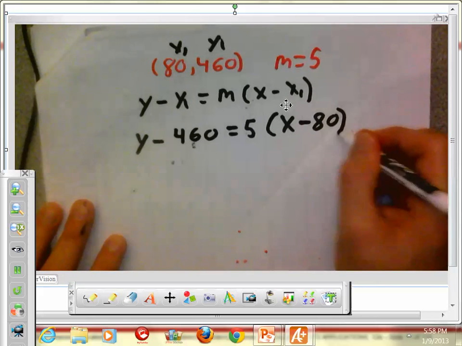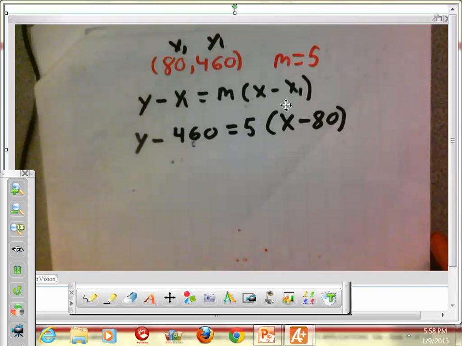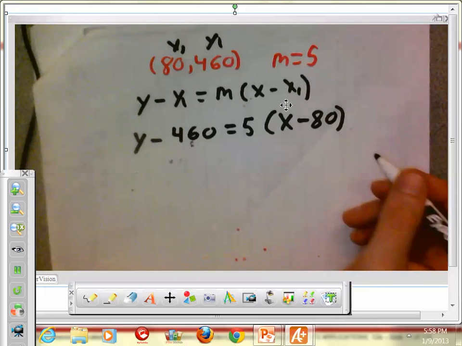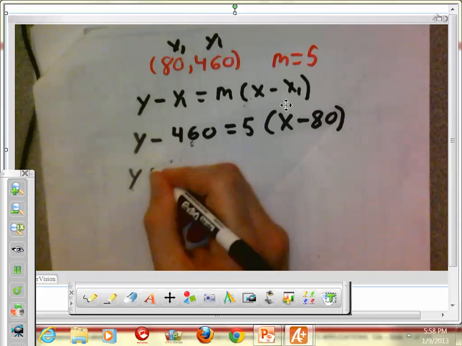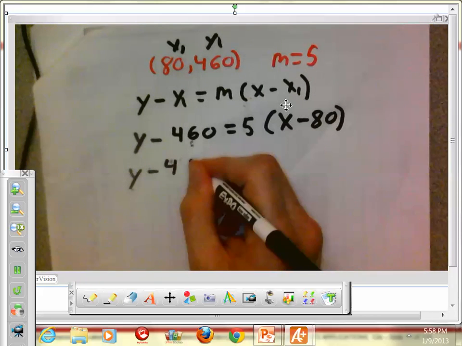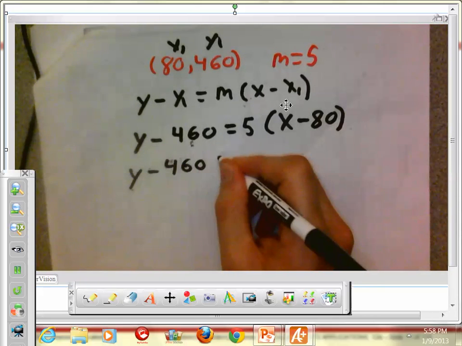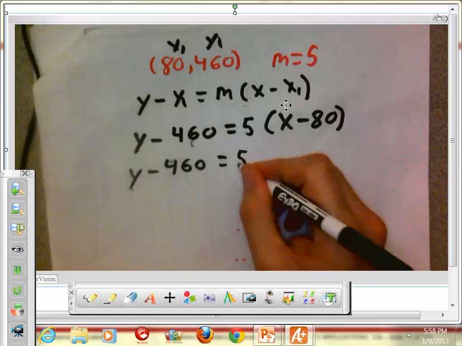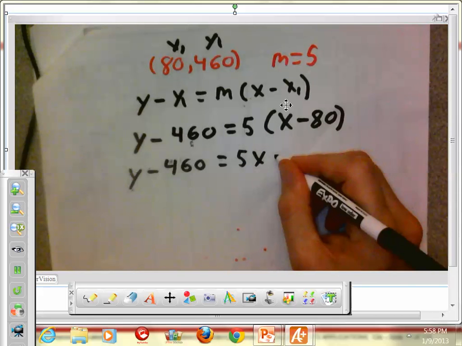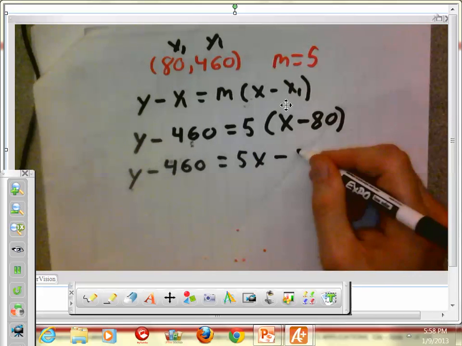Now, if I simplify this and I solve for y, you're going to see it's going to be the equation we started with, which I think was y equals 5x plus 60. So we just solve for y. So y minus 460 is equal to 5x minus 400.